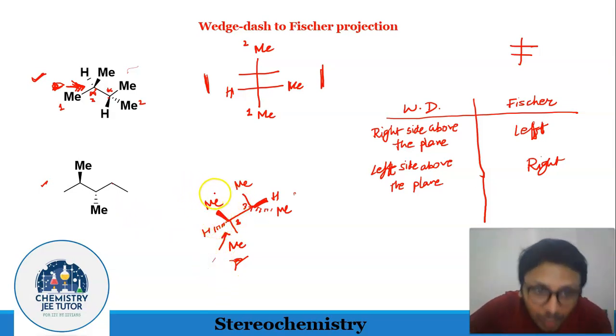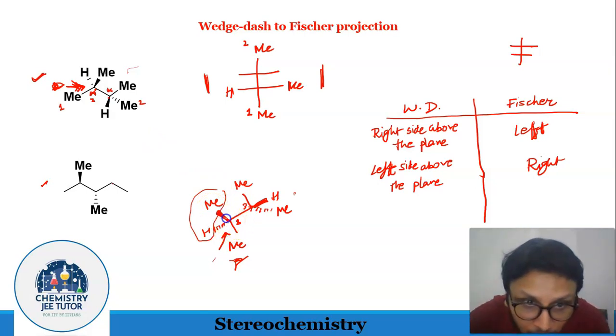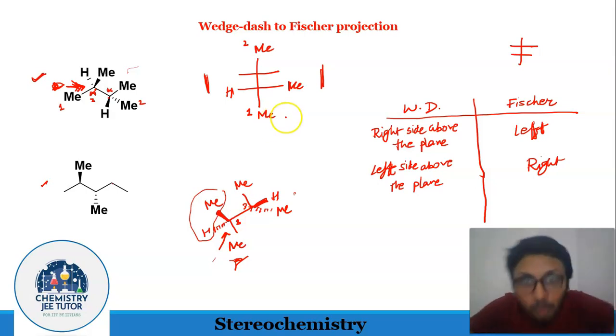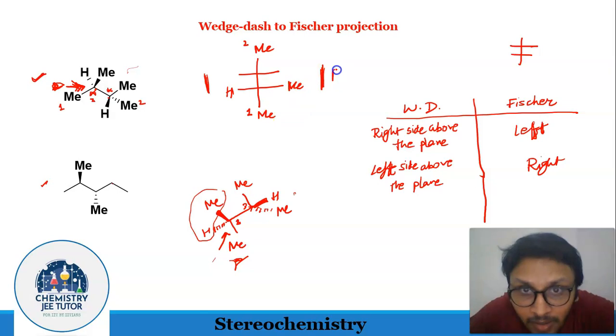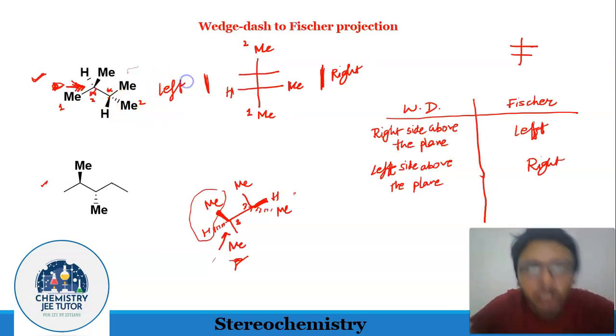Both this hydrogen and methyl are on the left side, and the substituent which is above the plane on the left side, which is the methyl, goes to the right in the Fischer projection.